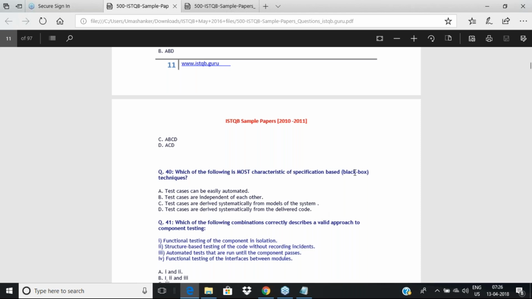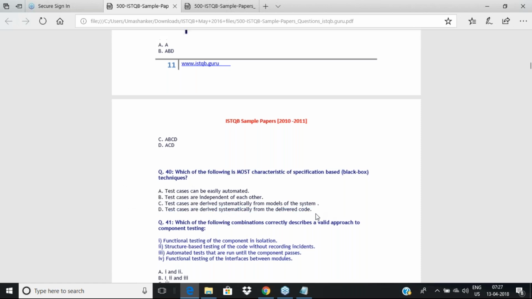What is black box testing? Testing without looking at the internal logic, the code behind the system. If you consider that, D is definitely not an answer. He's saying test cases are derived systematically from the delivered code. 100% D is not an answer. Test cases are derived systematically from models of the system.